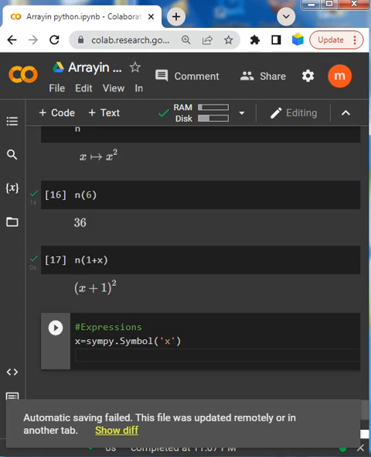So expr will equal to 1 plus 2 x square, 2 into x, and now write the square and cubic terms. So you need to write plus 3 times x cube, so x double star and 3. So let's see what has been printed for these expressions, expr.